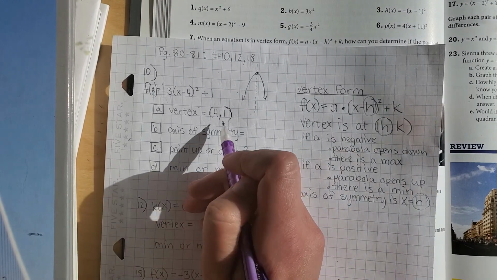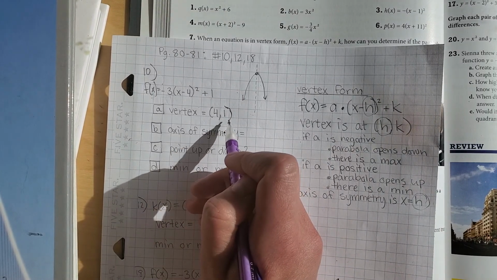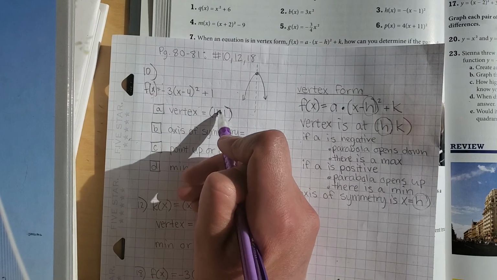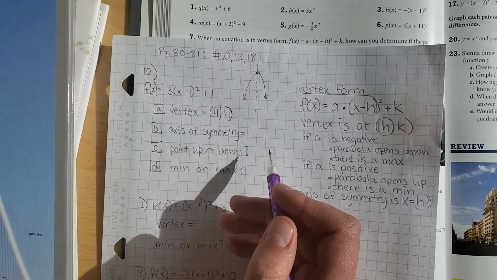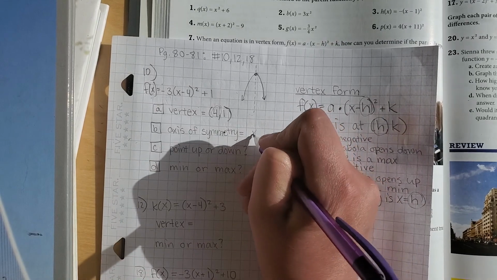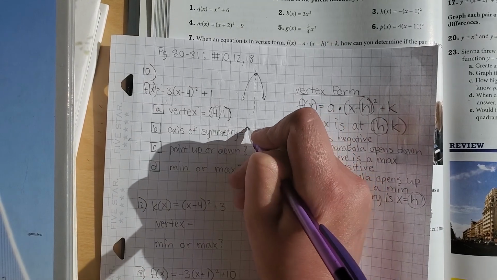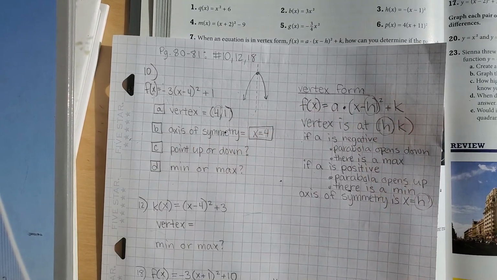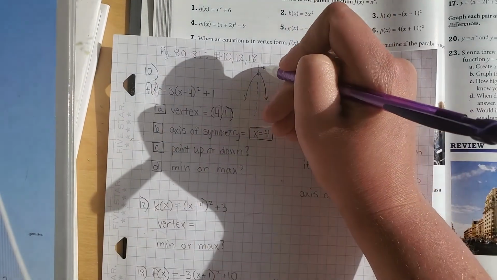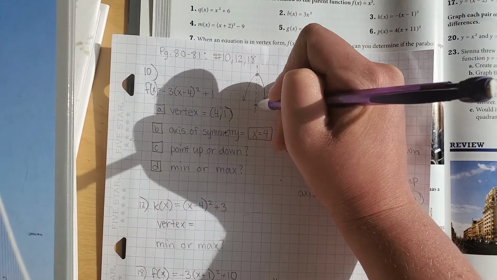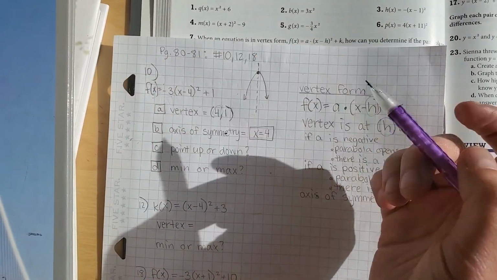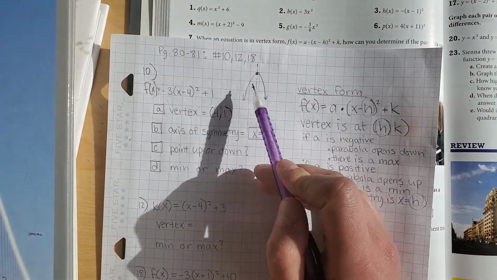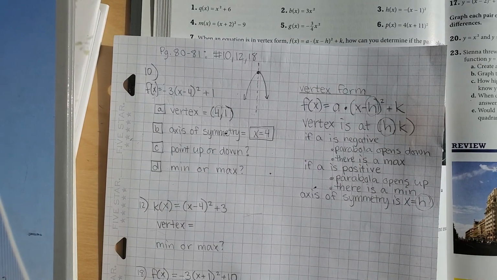So if we look, our vertex here was 4 comma 1, our h is 4. That would make our axis of symmetry just x equals 4. And I'll box that there. So at the up and down line x equals 4, that's where our vertex falls, and everything can be folded over that line to make an exact mirror image of itself.